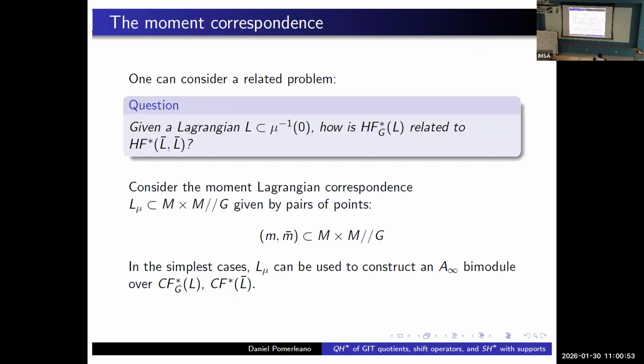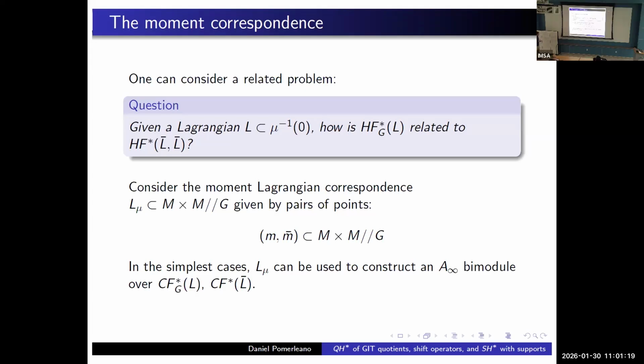And the idea is that on each side, I can put a bunch of further intersection points. What this gives in Floer theory is the structure of an A infinity bimodule.